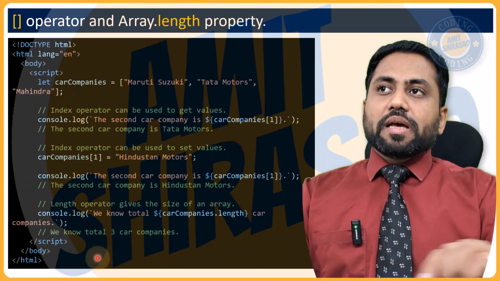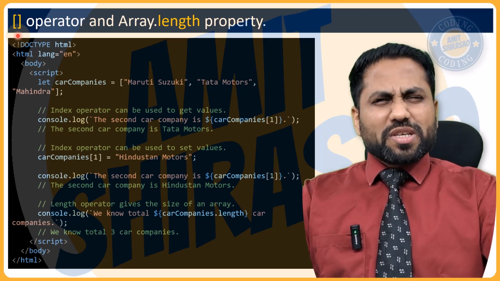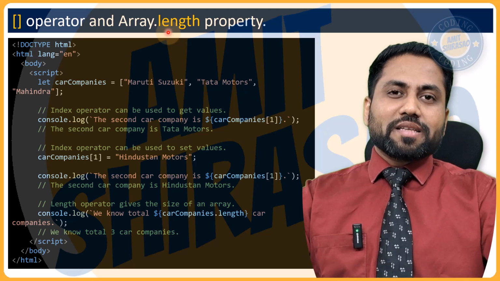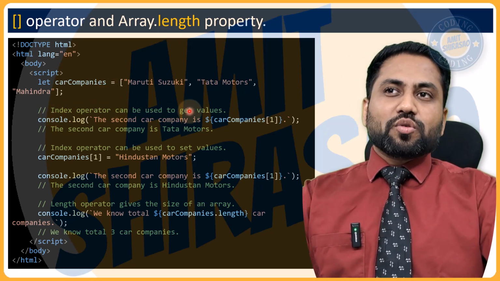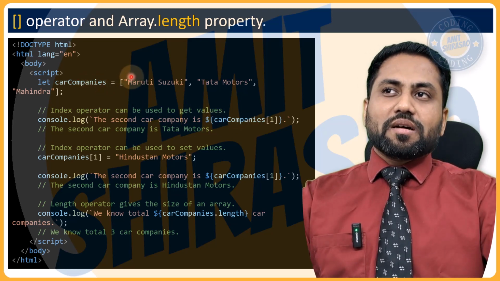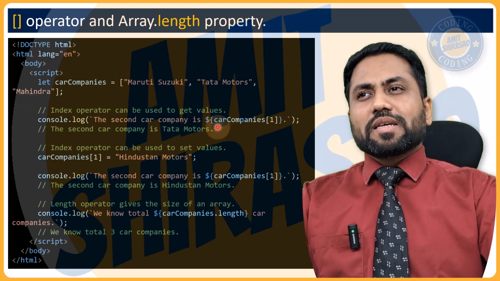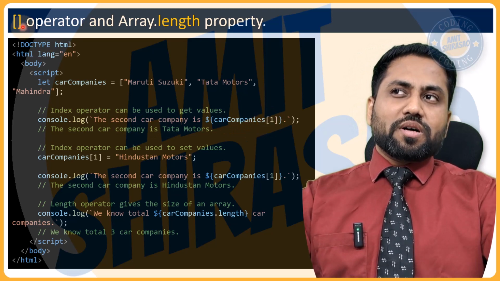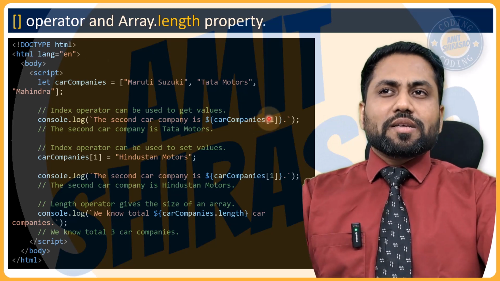Now there are two important things that you should always know. One is the index operator, and another is the length property of an array. The index operator can be used to get the values in an array. So if car companies is one array having these three companies, then I can say that the second car company is carCompanies, this square bracket, that means the index operator, and inside that I can give the index.